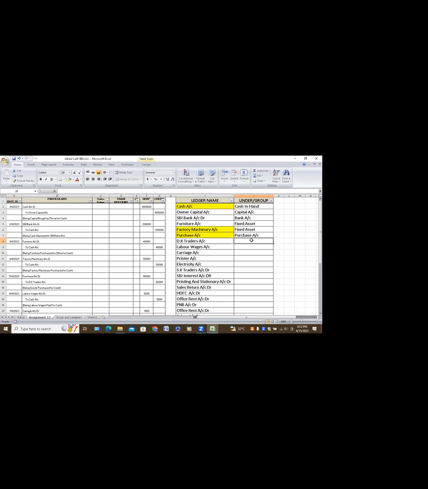Labor wages and all are not required, Abdul. Only wages account you have to take. Remove the labor there. It is direct expenses.